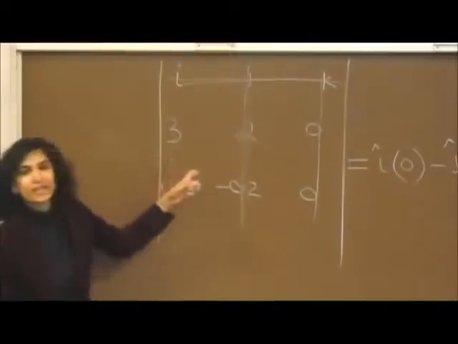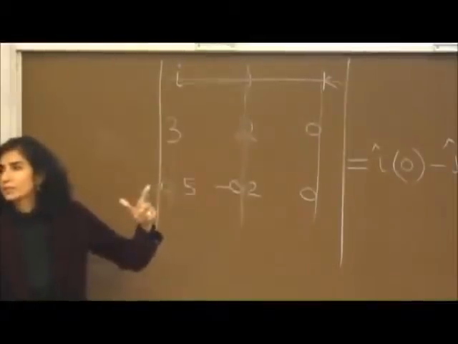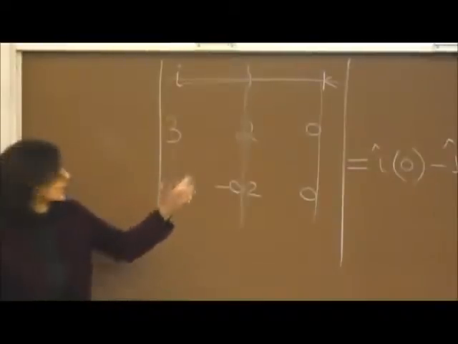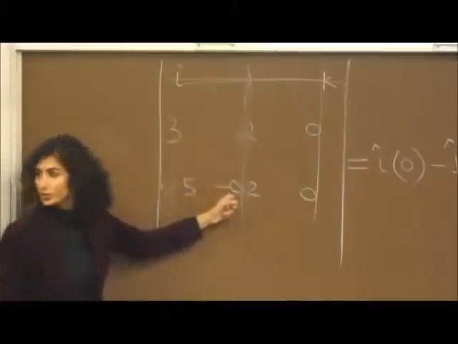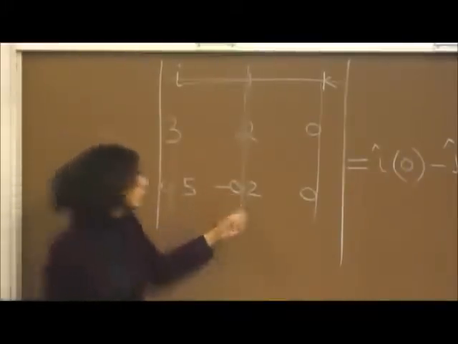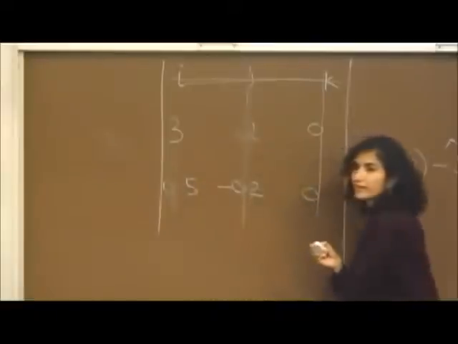And so this time what will it be? Tell me what should be the component. 3 times minus 0.2. Isn't that true? So that means this is going to be minus 0.6, and then minus 2 times 0.5.